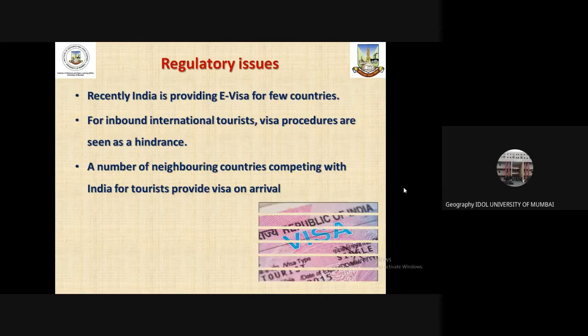There are some regulatory issues as well. E-visa. India is recently providing e-visa for a few countries. For inbound international tourism, the visa procedure seems to be very difficult and a hindrance, and therefore the procedure for getting a visa is also a major challenge before tourists.